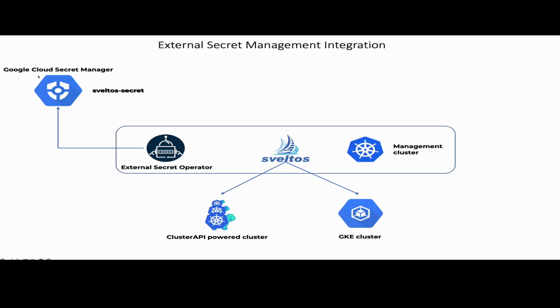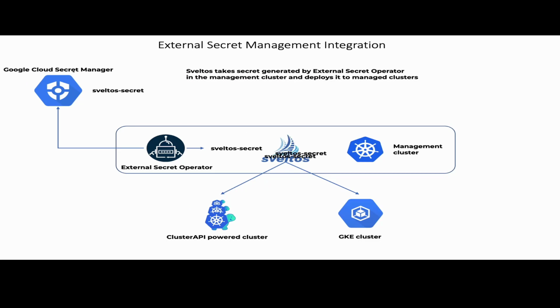In this case, we are having the External Secrets Operator fetch secrets from Google Cloud Secret Manager, and it's going to bring these secrets into the management cluster. And then we tell Sveltos to take this information, which is coming from the External Secrets Operator in the management cluster, and deploy it to the managed clusters. So it's going to deploy to the Cluster API powered cluster and to the GKE clusters.